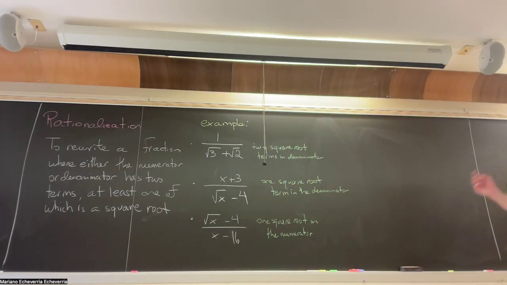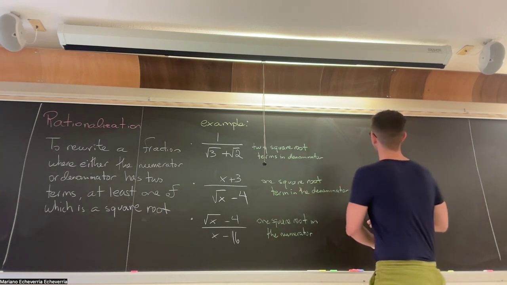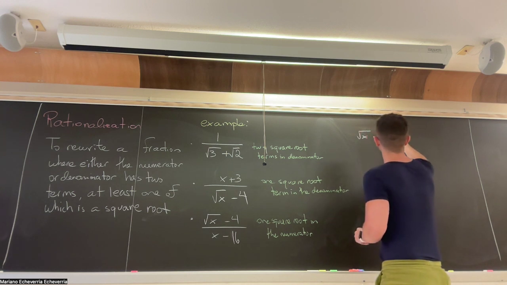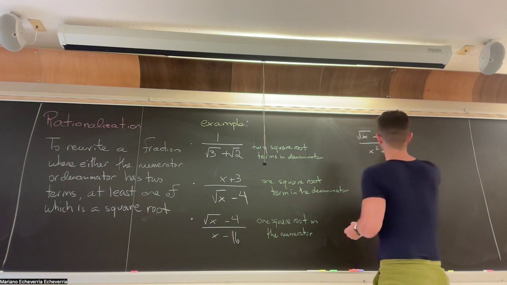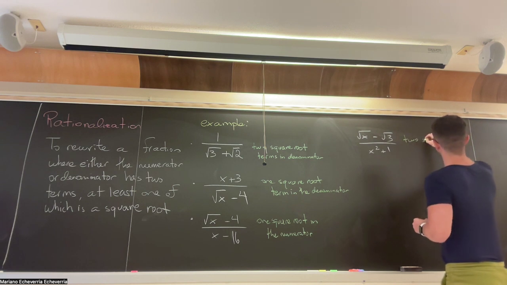You could also have two square roots in the numerator, something like square root of 2 minus square root of 3, for example. Here it can be whatever it wants.